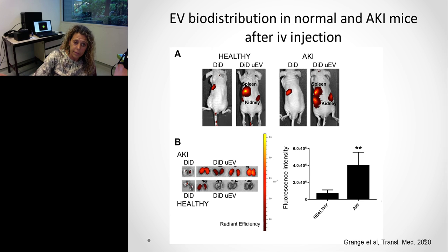And here we can also appreciate how fast the accumulation of the vesicles in the organ is after injection. We see that after 15 minutes, we don't have much accumulation, but after 5 hours, the organs are already reaching a very high concentration.